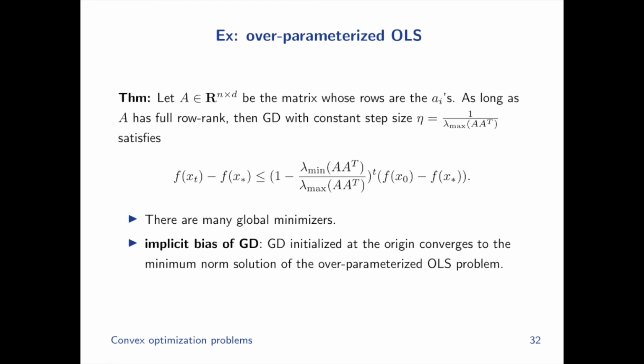So it's always going to be orthogonal to the null space of A. And this is why you don't have any dependence on the curvature of the objective function inside this null space of A, because the gradient descent iteration in some sense never hits it.